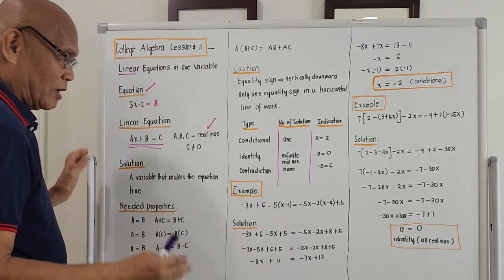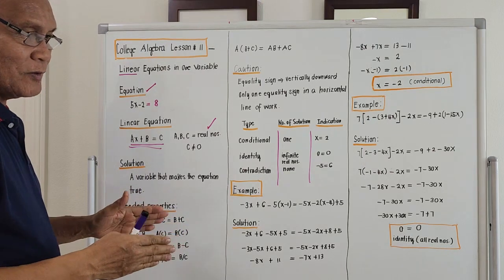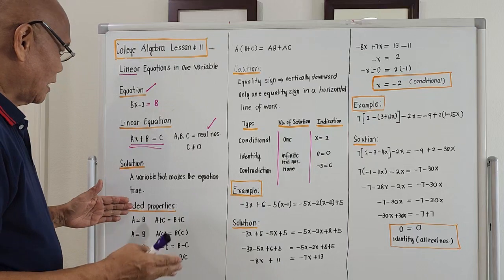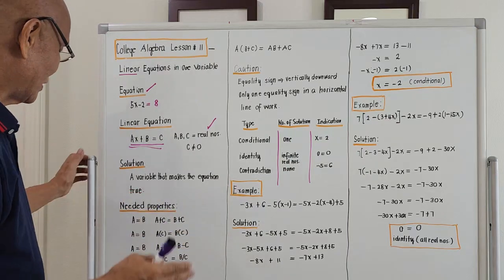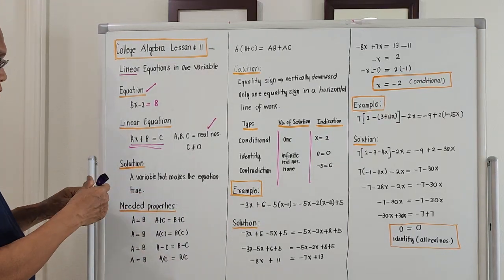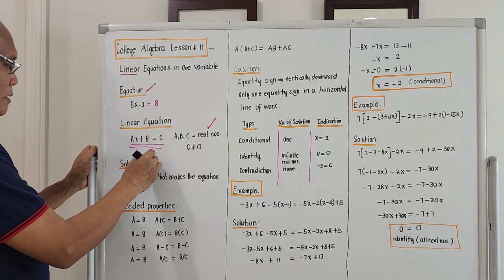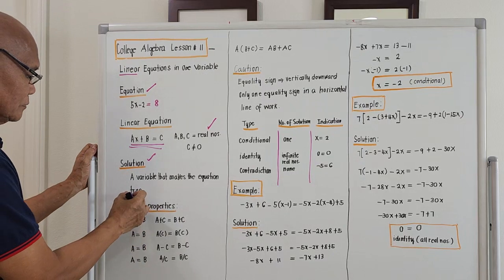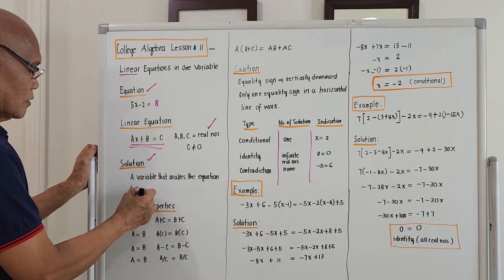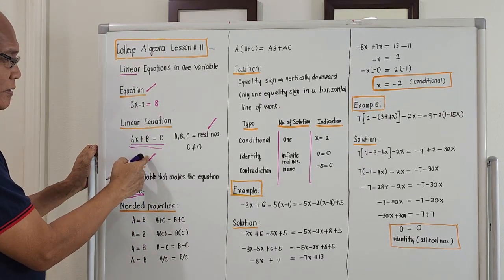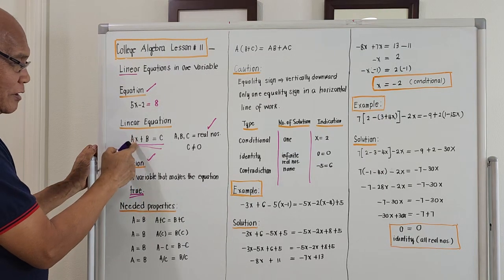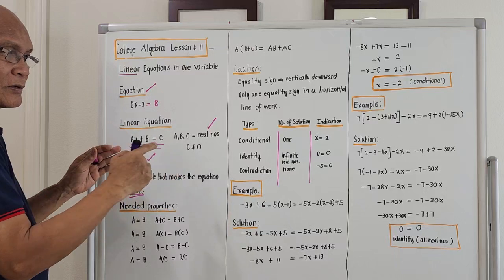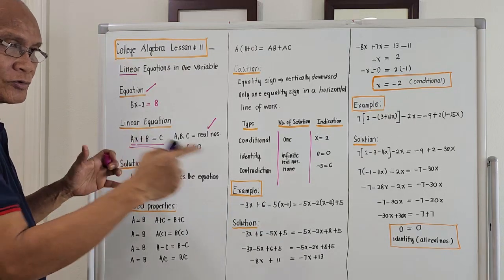Before we proceed with the example problems on how to solve the linear equation, I will bring out what the solution of a linear equation is. It is a value of the variable that makes the equation true. For this x, if we put it here and simplify both the left and right sides, what will come out will be a true statement.